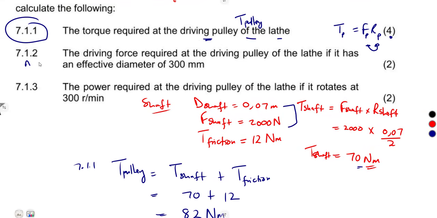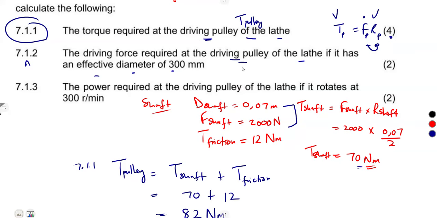Then 7.1.2, the driving force required at the driving pulley of the lathe if it has an effective diameter of, so we are given the diameter this time at the driving pulley. We can use that formula to calculate the force because we now have the torque of the pulley.